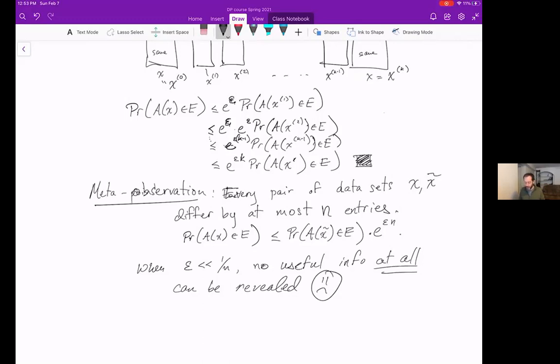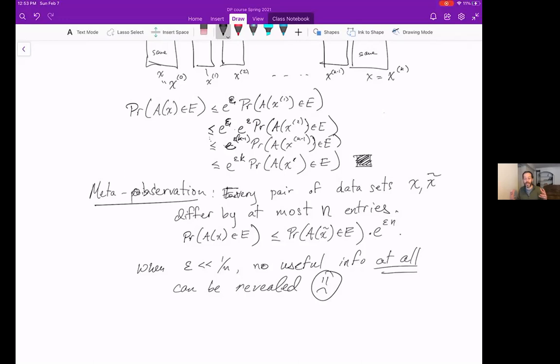So that makes us sad, but there's a flip side to that, which is that what that's telling us is that there's really no way to reveal useful information without revealing a tiny bit about everyone in the data set, or about many of the people in the data set.